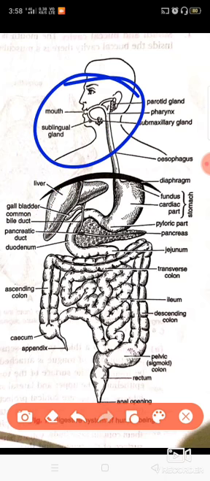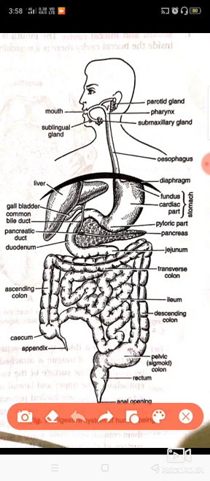In this part of the digestive system, we take in the food. The food gets inside our mouth. We chew the food with the help of teeth, and our tongue helps in mixing the food with the saliva. Now let's see what the saliva is. You can see here the parotid gland, submaxillary gland, and sublingual gland.